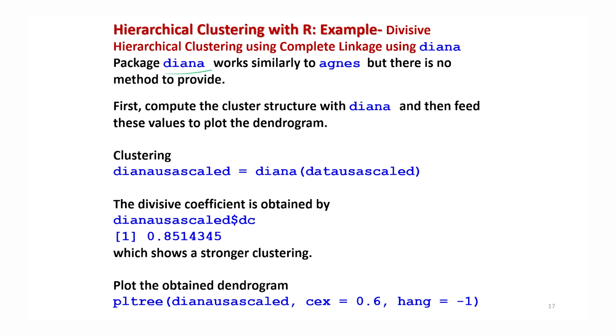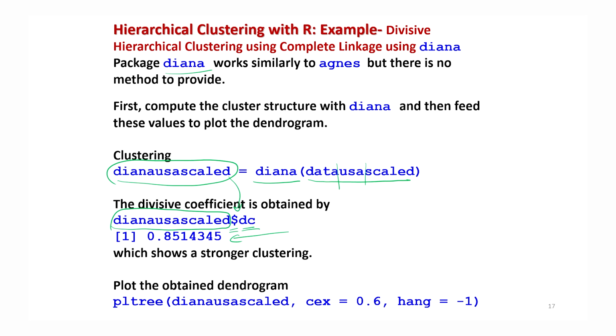So we try to use here the command diana, and we try to do the clustering on the same data set, data USA scaled, and it is stored here in this name. And then we try to find out its divisive coefficient. So the divisive coefficient can be found out with the name of this outcome followed by dollar and then DC. DC means divisive coefficient, and this comes out to be here 0.8514345.